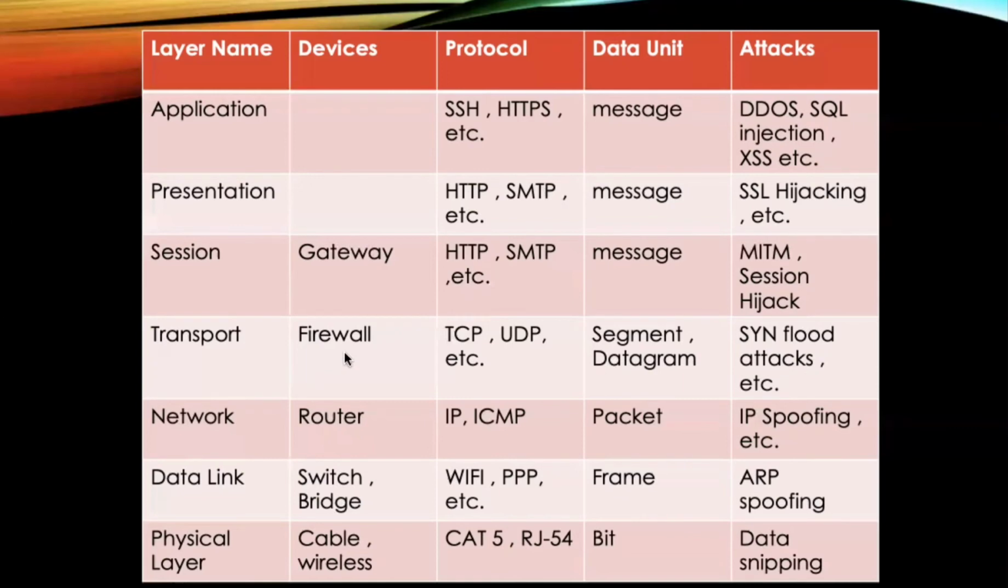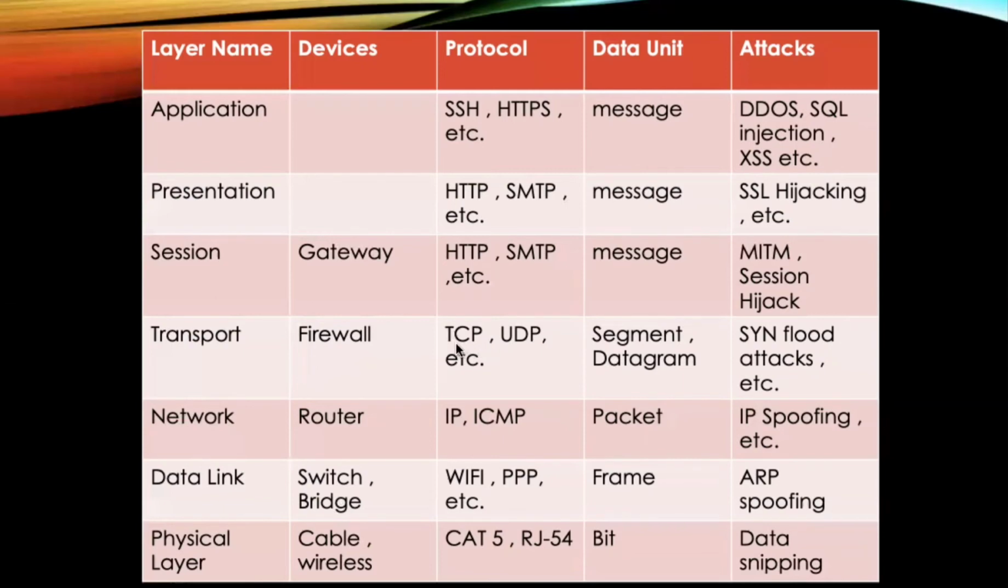Most organizations use it to block incoming and outgoing traffic, to filter the traffic with the firewall. We should definitely know about the firewall to be a cybersecurity specialist. The protocols used are TCP and UDP.